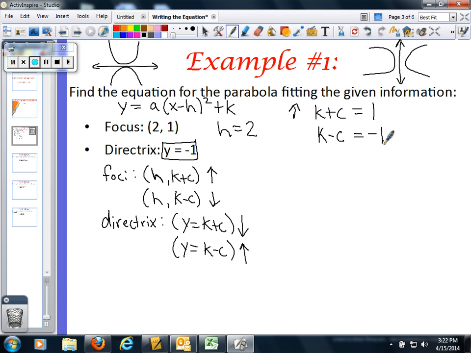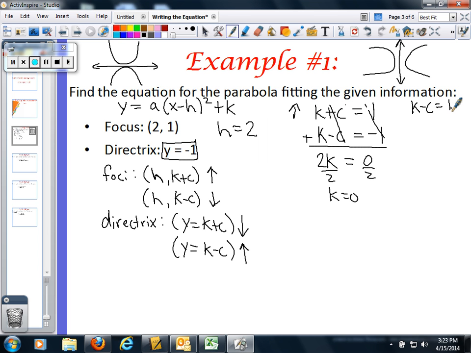Alright? So I have a simple little system of equations here. I can add these together. Since these are opposite, these will cancel. Gives me 2k equals 1 and -1 is 0. Divide by 2. And I get that k equals 0. Alright? If I try the other way, so it opens down. So it's k - c equals 1, because that's my foci.